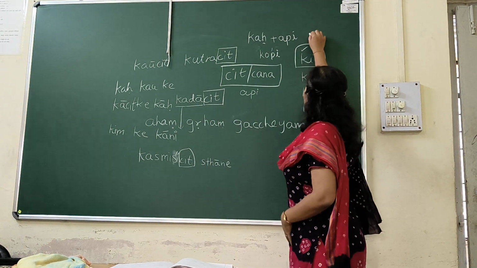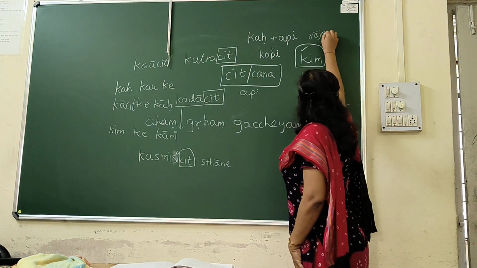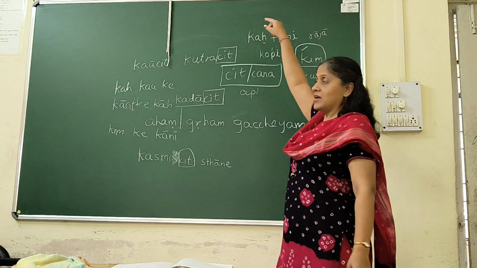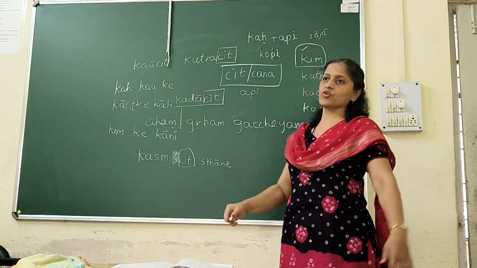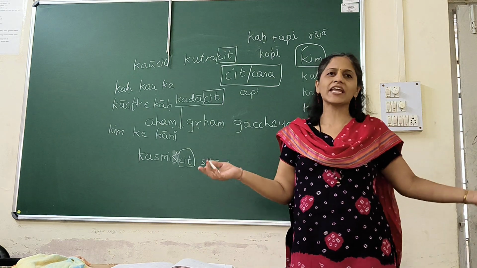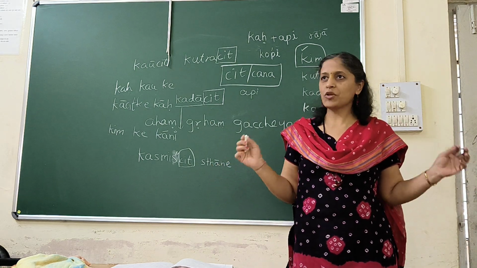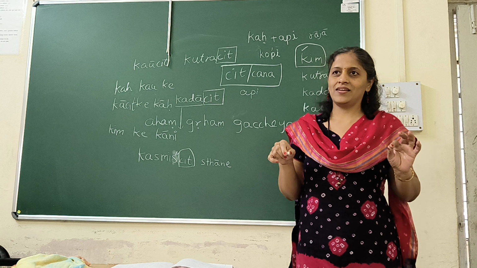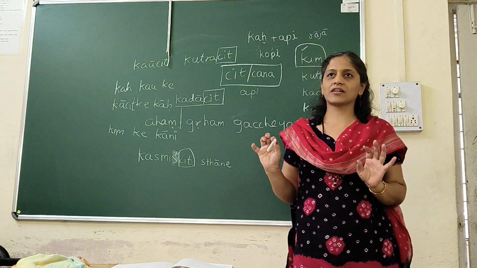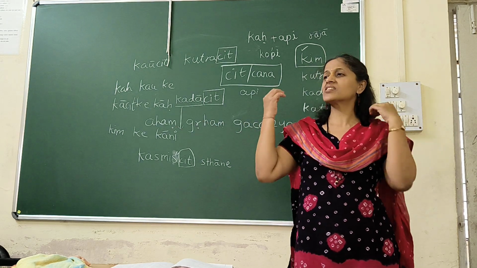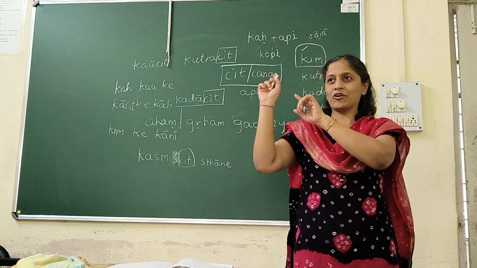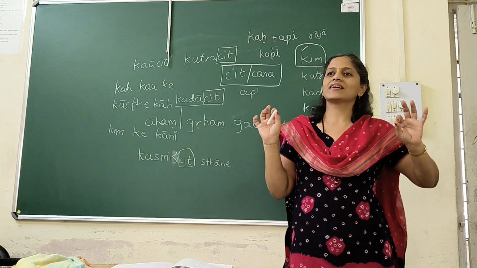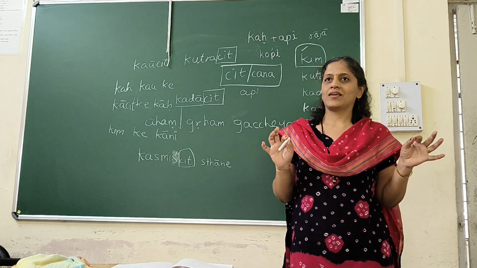Because I'm using Raja along with kaha, as it's nominative singular. Kopi Raja means some king. I'm not sure whether Ashoka Raja or some other king. I'm talking about some indefinite king, not sure about X, Y or Z. So I'll say kaha api Raja.